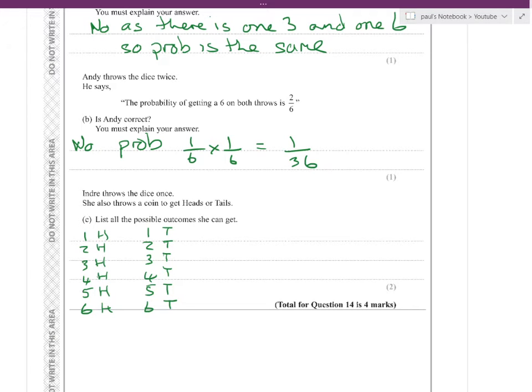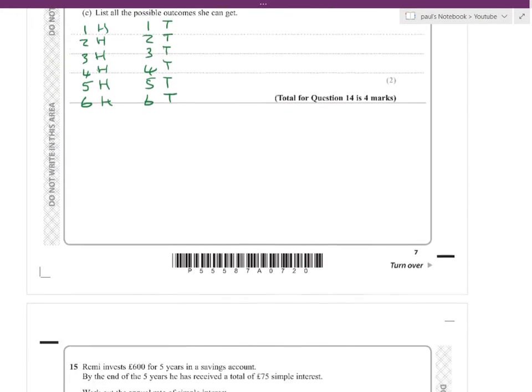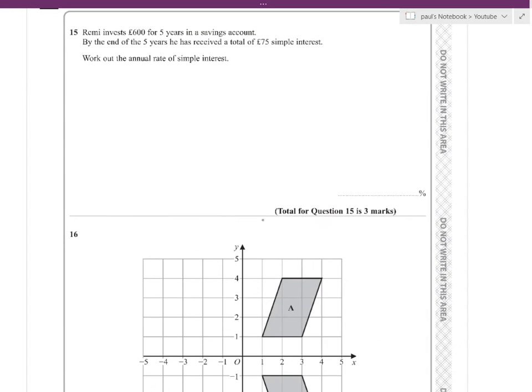So now we're moving on to question 15. Ronnie invests £600 for 5 years in a savings account. By the end of the 5 years, he receives a total of 75 pounds interest. Work out the annual rate of the simple interest.